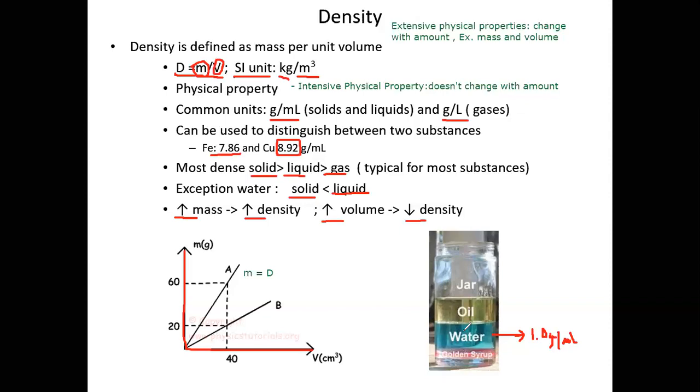So we know oil here has to be less than 1. And for syrup, we know that its density is going to be greater than 1. Now, if its density was 1, then it would be kind of suspended in the water solution. Or the water is not really a solution.